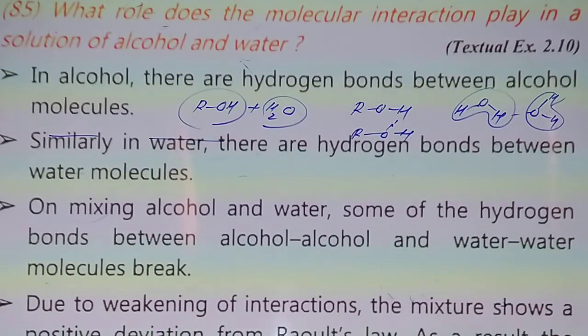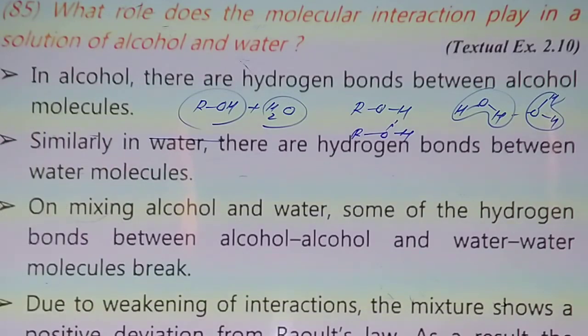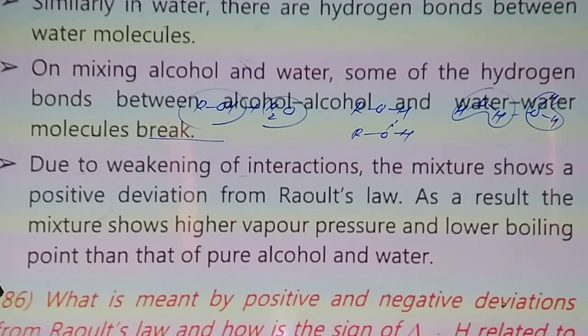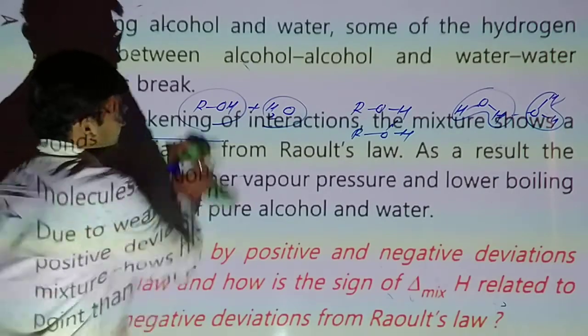On mixing alcohol and water, some of the hydrogen bonds between alcohol and water molecules will break. Due to weakening of interaction, the mixture shows a positive deviation from Raoult's law.